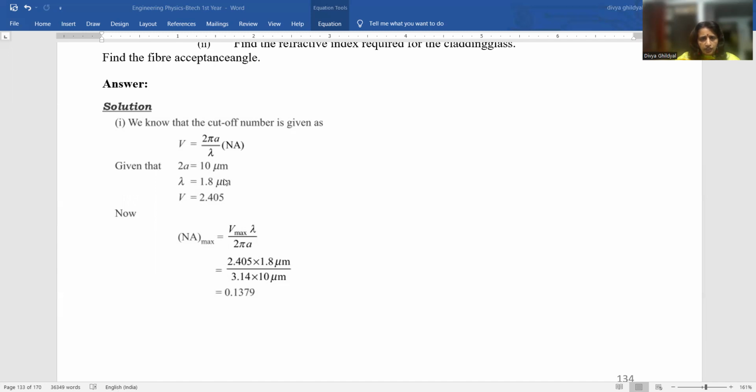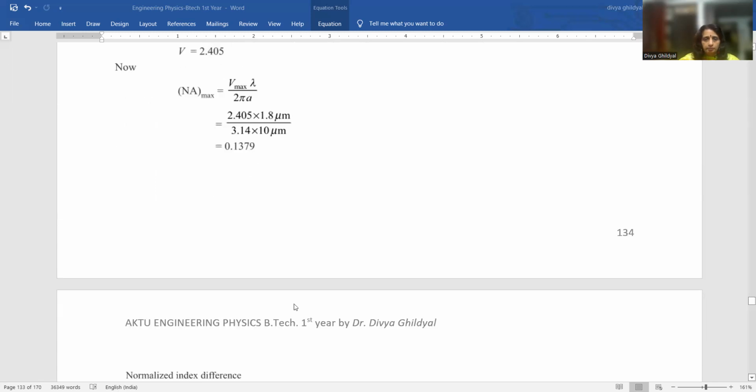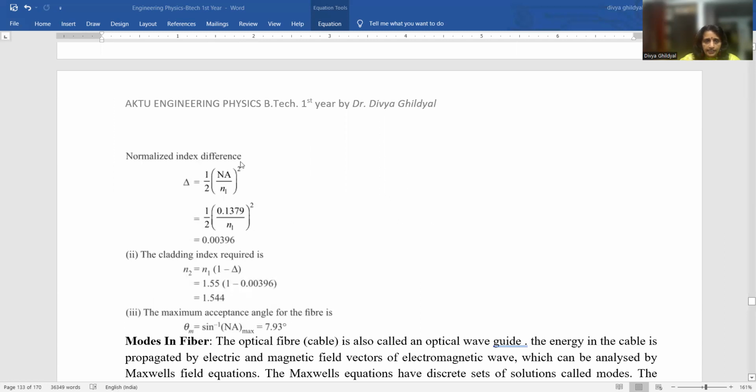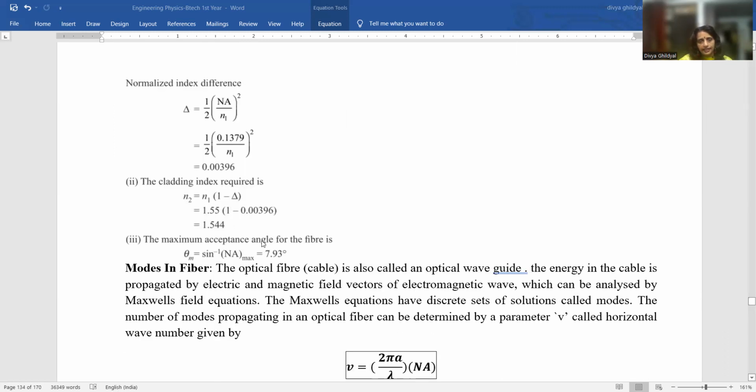We don't need to convert this micrometer into meter because here these units will get cancelled directly, and you get the answer for numerical aperture. Normalized index difference, del is equal to half into numerical aperture squared upon n1 square. You just keep the mathematical value directly here. And the cladding index is required by the formula for fractional refractive index, and maximum acceptance angle is sine inverse of numerical aperture.